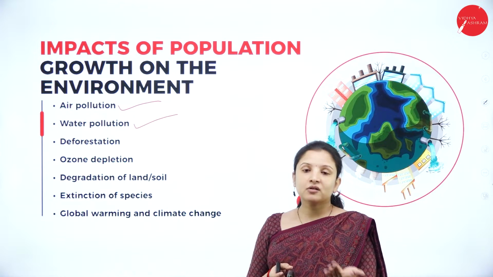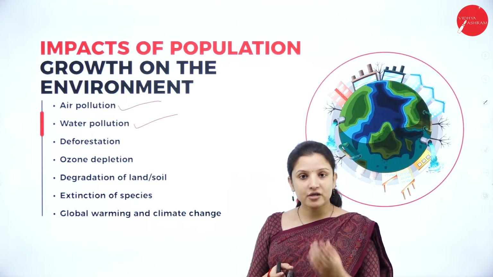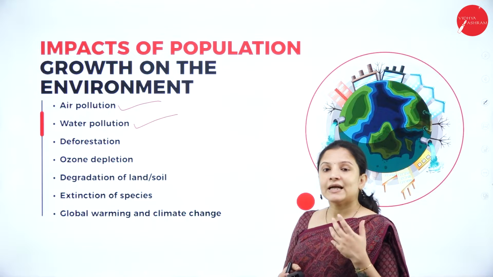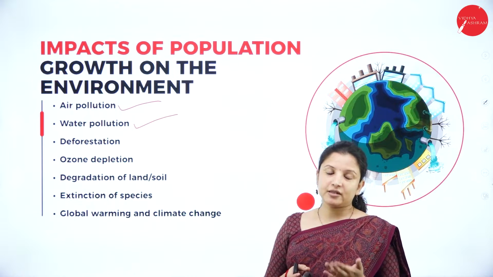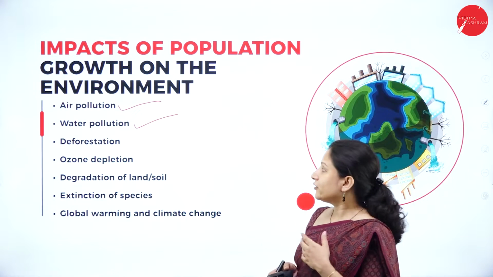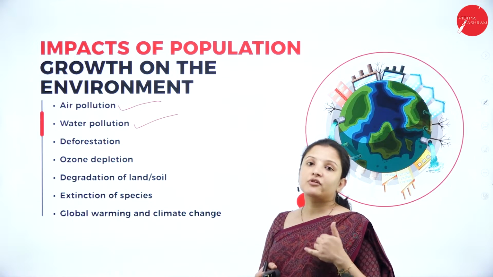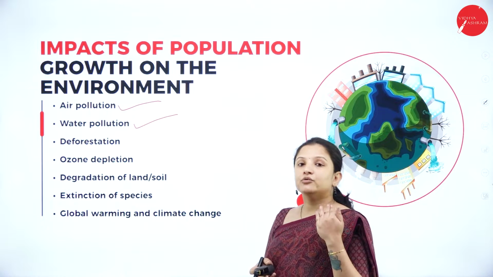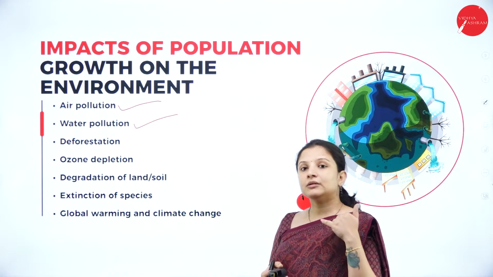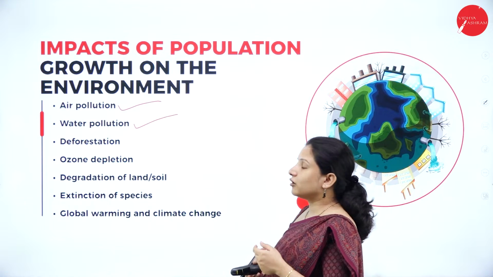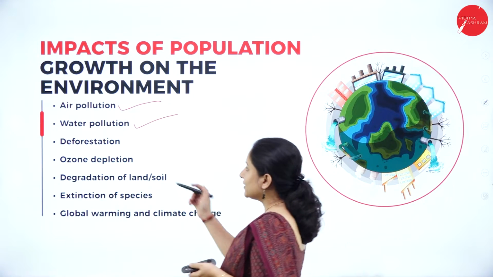Whatever is left, we people have to depend on for drinking. If the population keeps on increasing like this, it is very difficult to fulfill the freshwater demand. And not just that, as the number of people increases, the number of industries increases, and the formation of waste also increases, which will lead to a lot of water pollution.